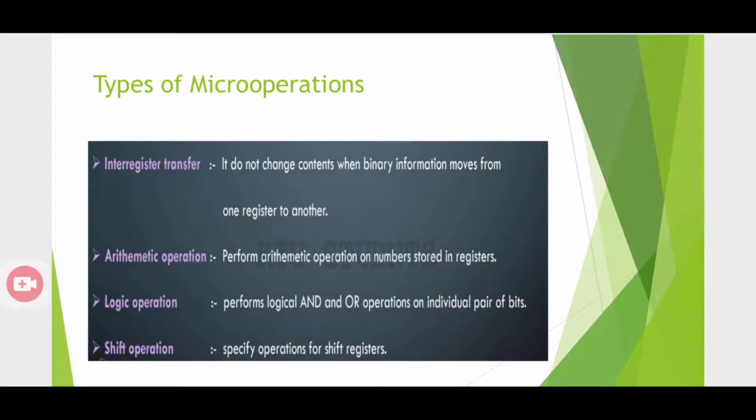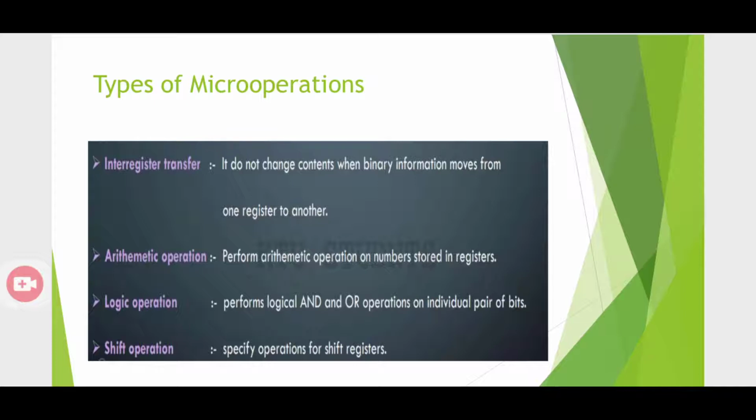We need to move the data content of one register to another register, right? Moving the content of a register to another register is interregister movement of data or interregister transfer. For that purpose, we are using a type of micro operation known as interregister transfer micro operation.